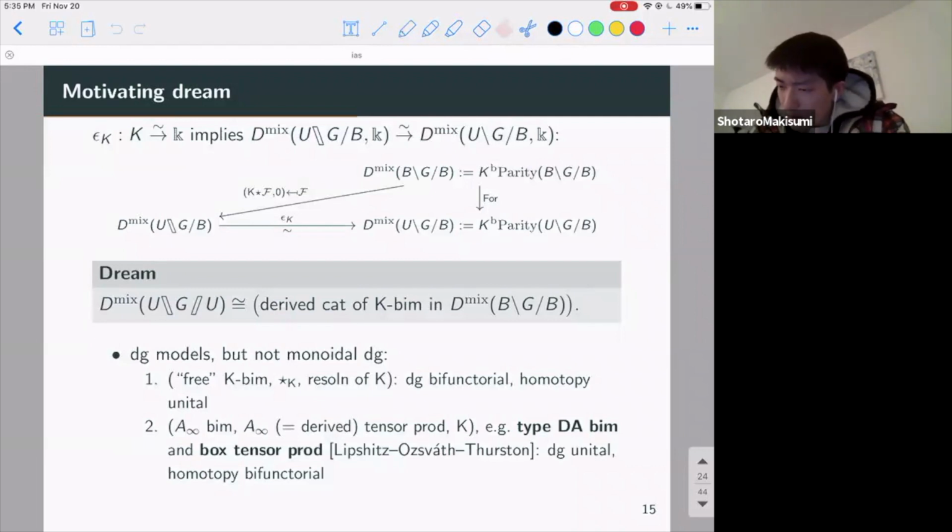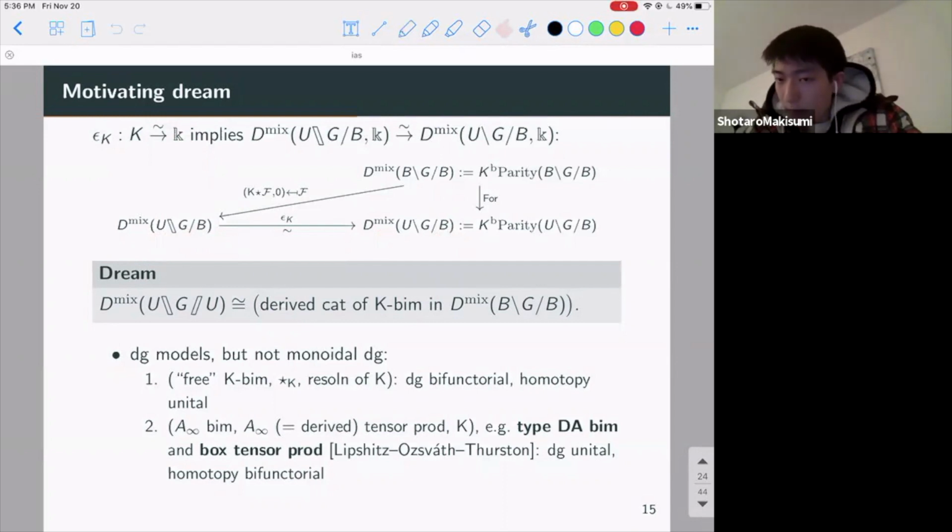Okay. So just to emphasize, the key thing here was that this new category is equivalent as a triangulated category to this old version, but not as a DG category. In the same way that the Koszul complex is quasi-isomorphic to the base field, but not isomorphic.